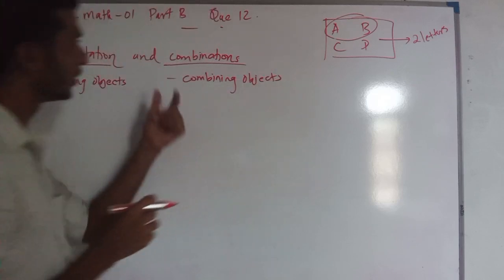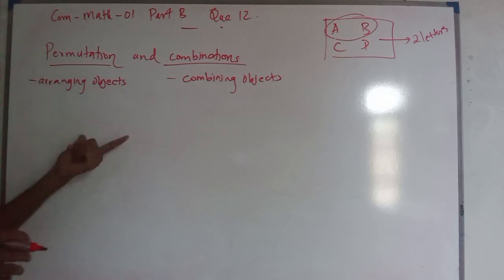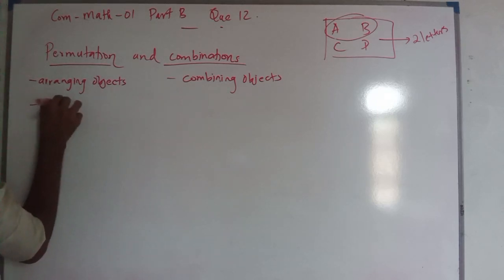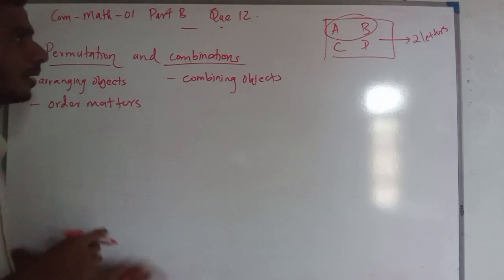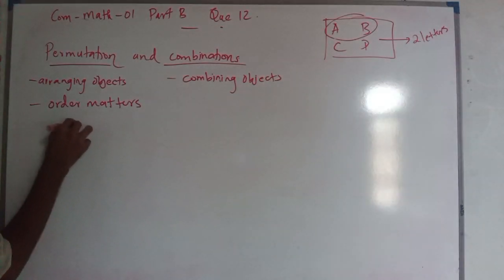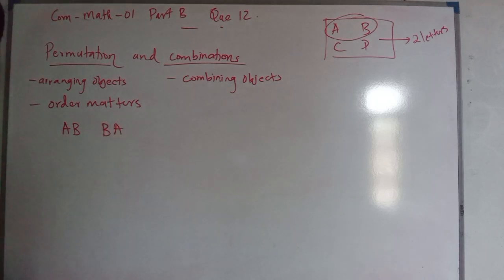Now you have to know the differences between permutation and combination. The main difference is the order. Here order matters: if you take A and B, AB is one permutation and BA is another permutation.